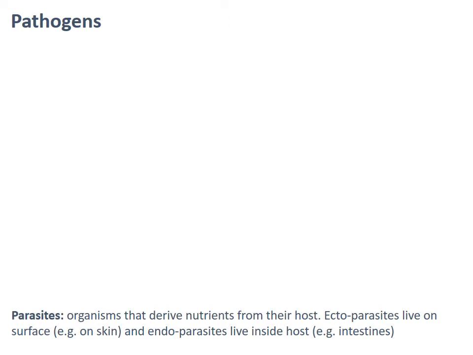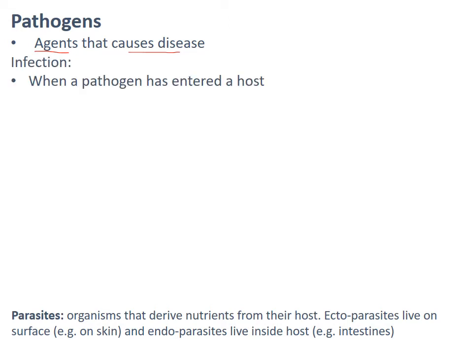Really important that you have a definition for what a pathogen is. So a pathogen is basically an agent that causes disease. When we go through the examples, you've probably heard of most of these before, but a nice, easy summary: something that causes disease. I think it's worth adding this definition as well of what infection is.